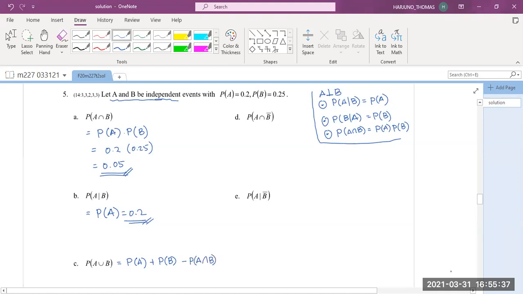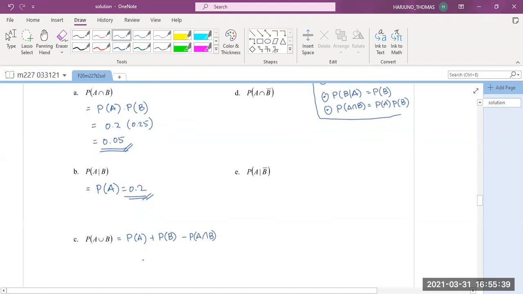The inclusion-exclusion formula. That's 0.2 plus 0.25 minus 0.05. By the way, I get this from part A. That is 0.40.